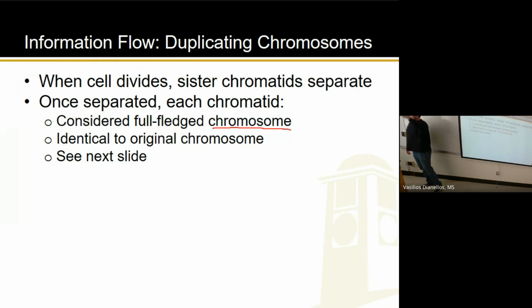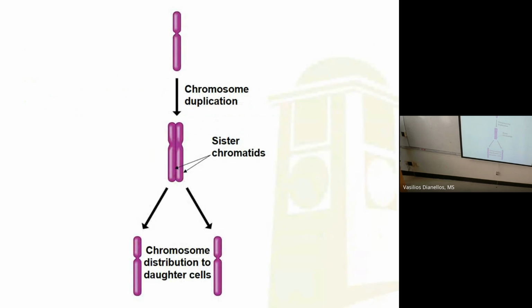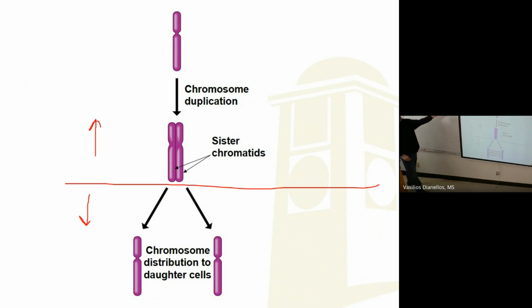It's like a part 2 of the picture we saw on the slide before this. Now we're just adding this new information. It started off with one chromosome, it duplicated itself, and now we have these two sister chromatids attached to each other at the centromere that's not being shown. Then it goes through cellular division, and they separate. And now they are complete chromosomes.